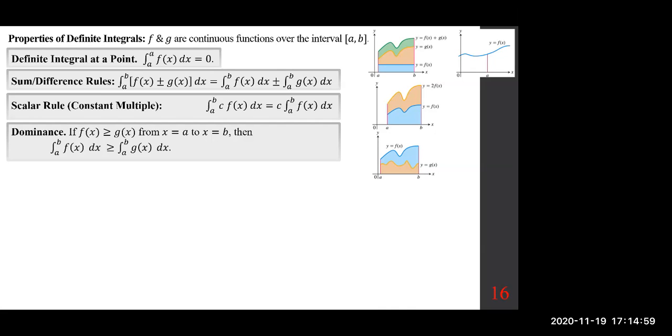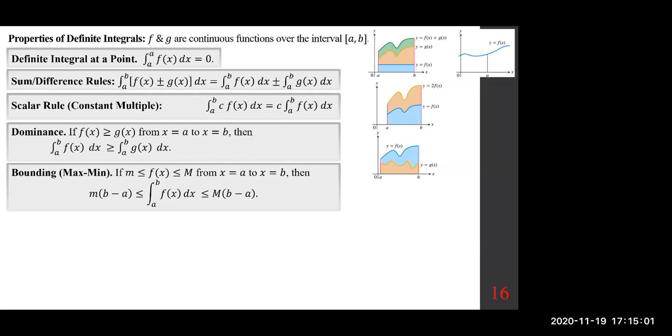All right, bounding. If we have the minimum value and the maximum value for the function, we can see that this is what's going to happen. I hope it's clear to everybody. The area under the curve for the minimum becomes a rectangular shape, and in all 3 cases the width is b minus a.